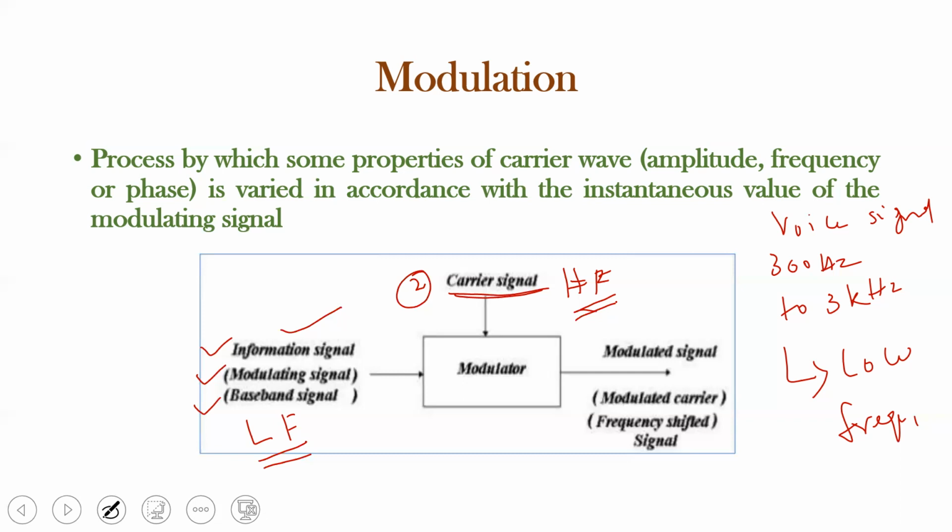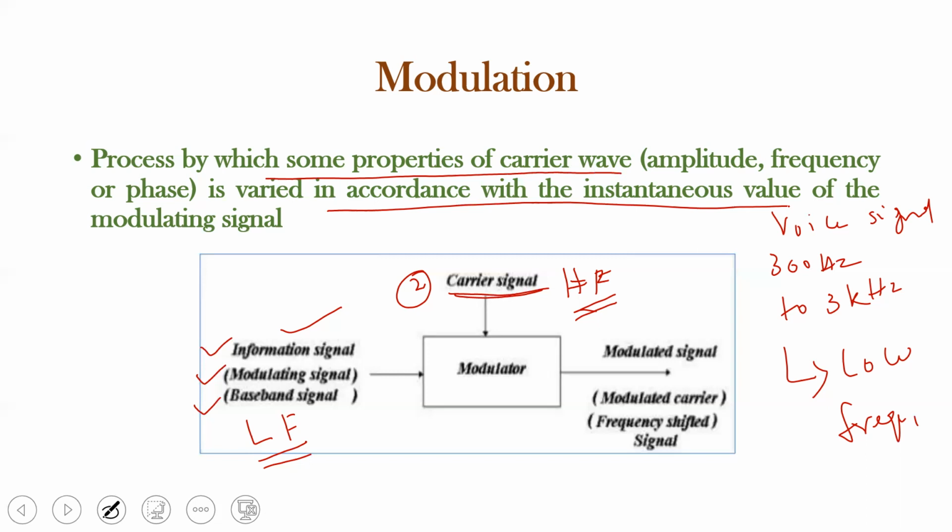It is by changing some properties of the carrier according to the instantaneous value of the modulating signal. So what we are going to do in modulation is change some properties of the carrier signal, and these properties can be either its amplitude, frequency or phase.